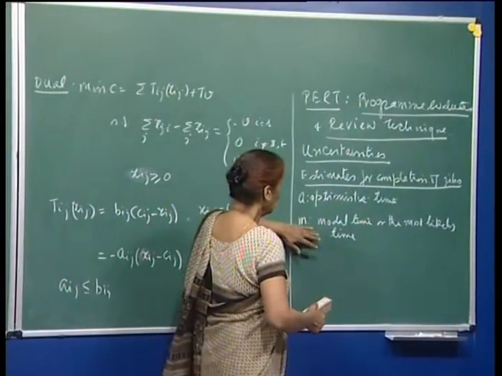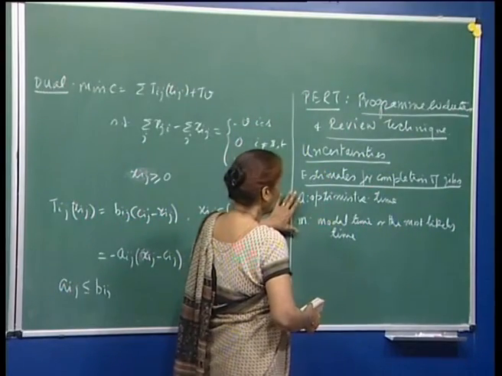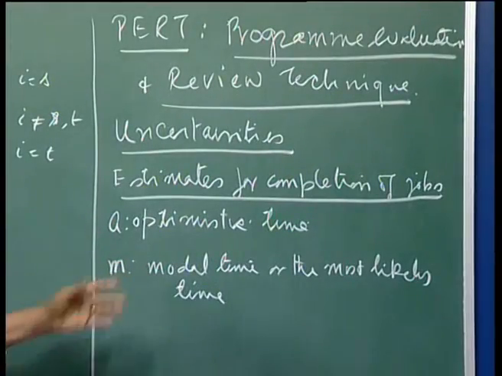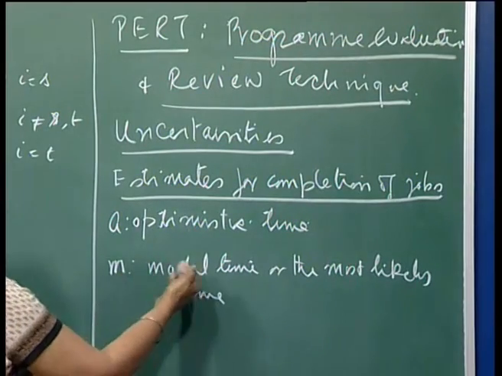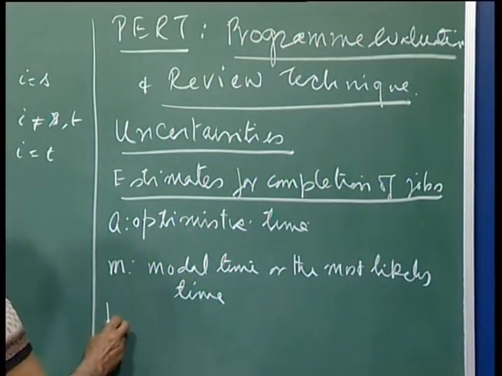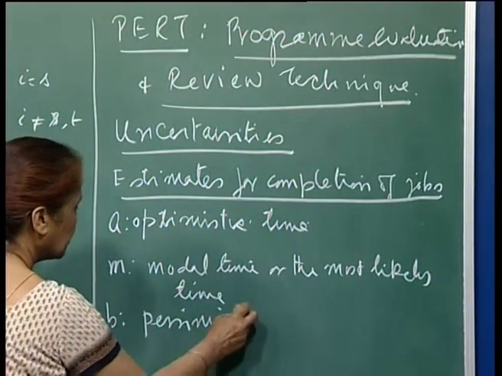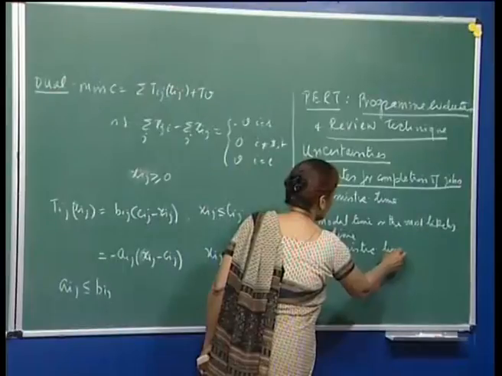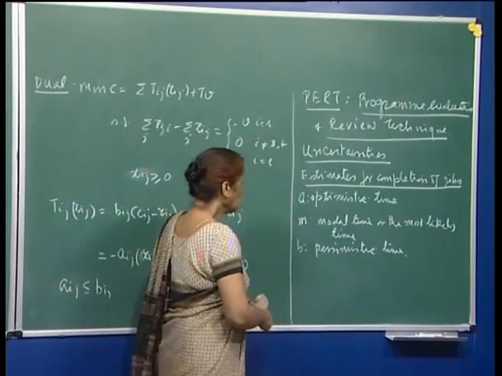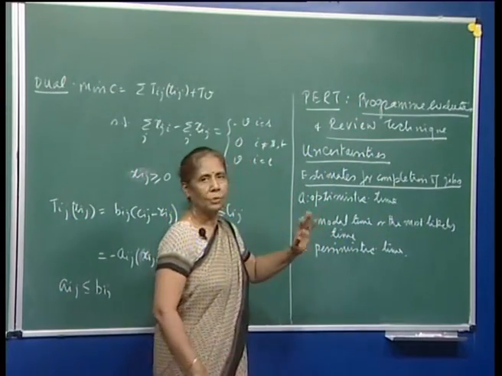You expect the person concerned with the particular activity or job to give you the estimate that this would be the most likely time. And then B is the pessimistic time, that means when everything can go wrong probably.